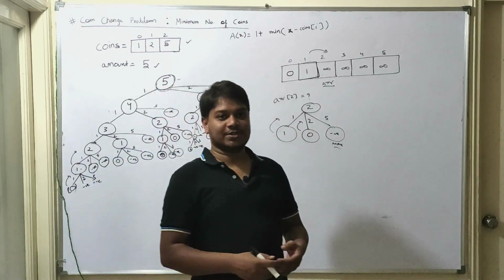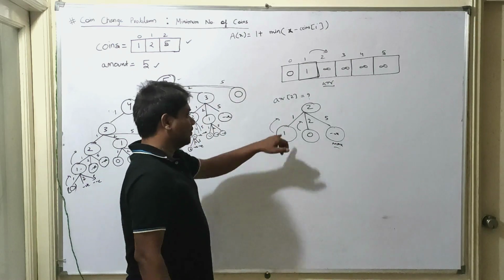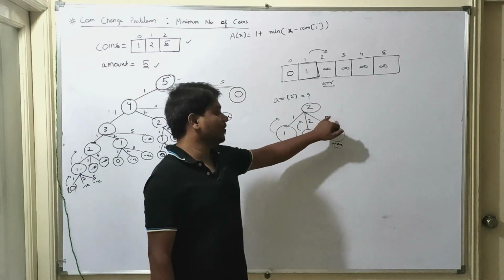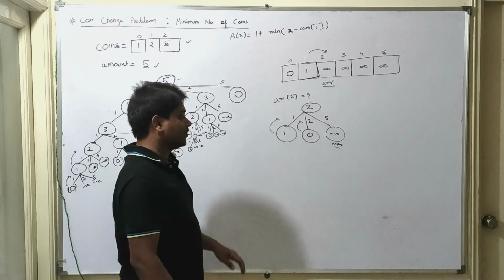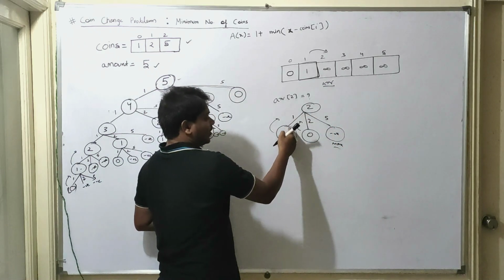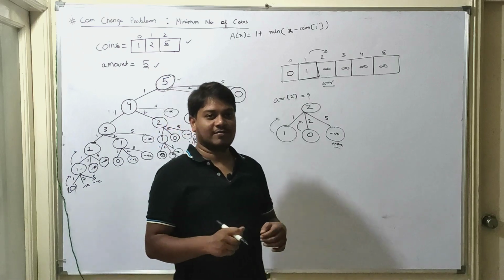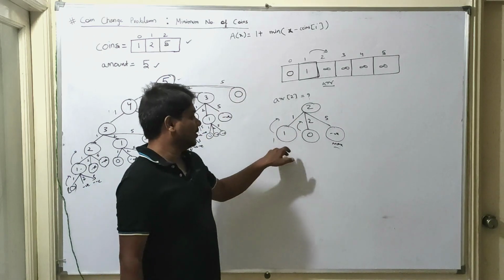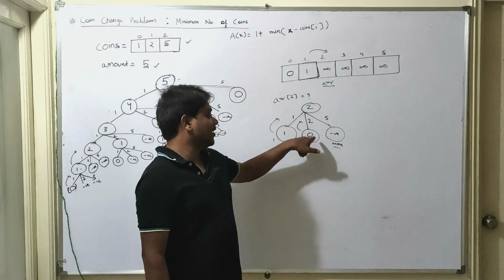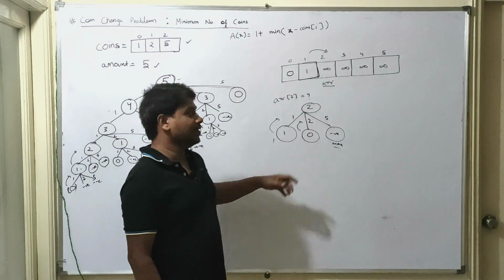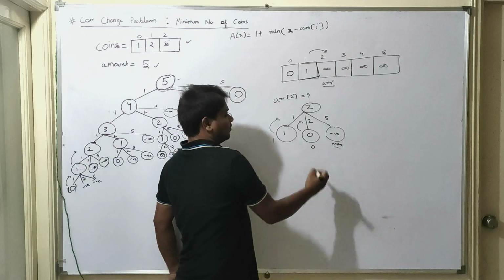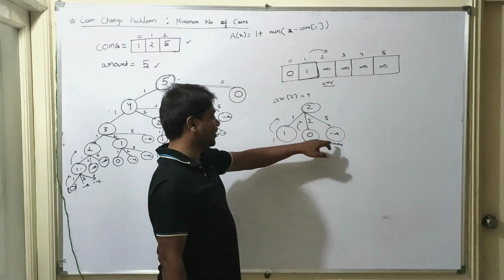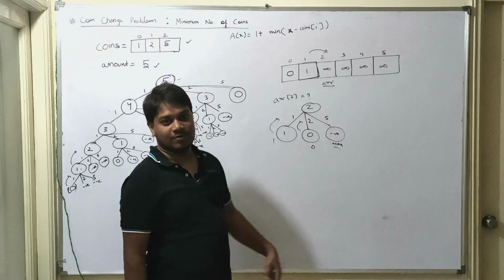In order to calculate the value for amount 2, we have the options to choose from 1 rupee, 2 rupee or 5 rupee coins. If we choose the 1 rupee coin, previously we calculated the value of ARR 1, which is 1. The value of ARR 0 is 0, and the value of anything negative is the maximum value of any integer.